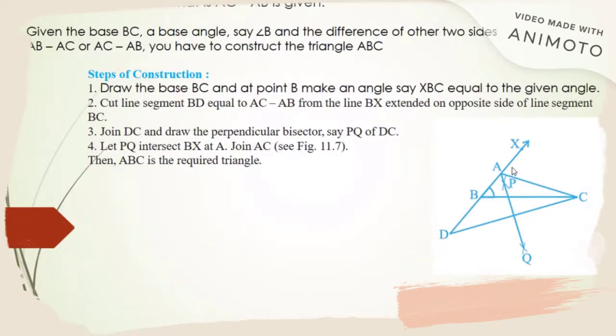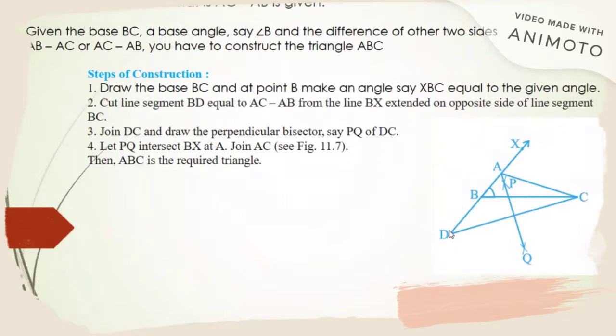This time you will not mark the arc on this side, you will extend it on the opposite side. Whatever angle you construct, you will extend it on the opposite side and then mark an arc of the given distance. Last time we took 3.5 on this side. This time you will take 3.5 on this side.